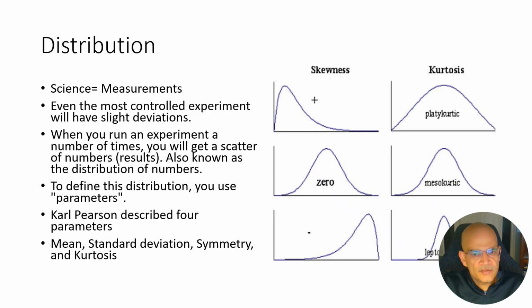And this is kurtosis. They're all normally distributed, but it is based on how big the height is. The mesokurtic is the normal one, leptokurtic is tall, while platykurtic is flat and more spread out. So these are skewness and kurtosis. They can all be mathematically represented also.